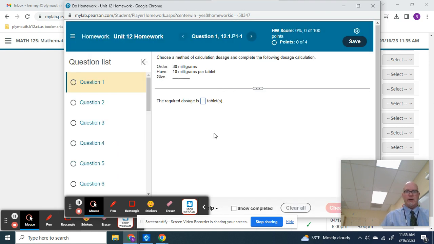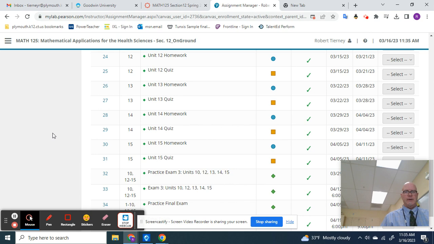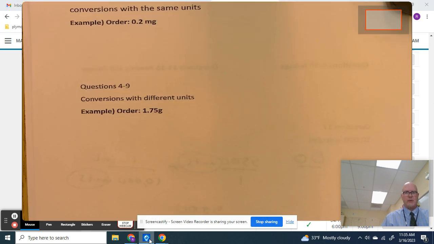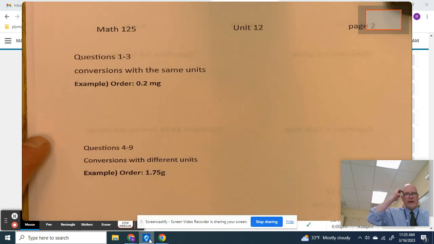Okay, so we are working with Unit 12 now, and the piece of paper that you have, that has been copied for you and set up in the Canvas, had some questions here.